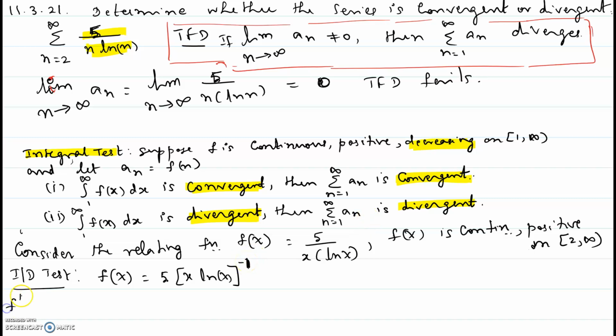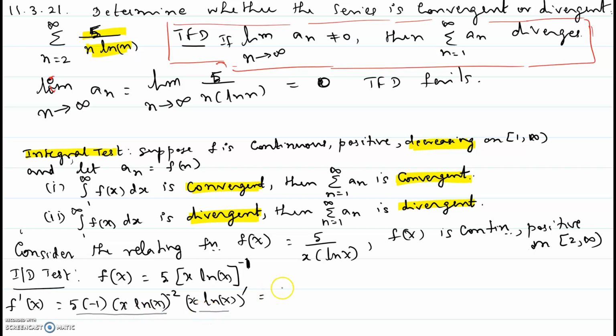So what is f prime of x? f prime of x would be 5 times negative 1 times (x ln x), applying the chain rule here, to the power of negative 2, then times the derivative of x ln x, the inner derivative. This part is the outer derivative and this part is the inner derivative of the function.